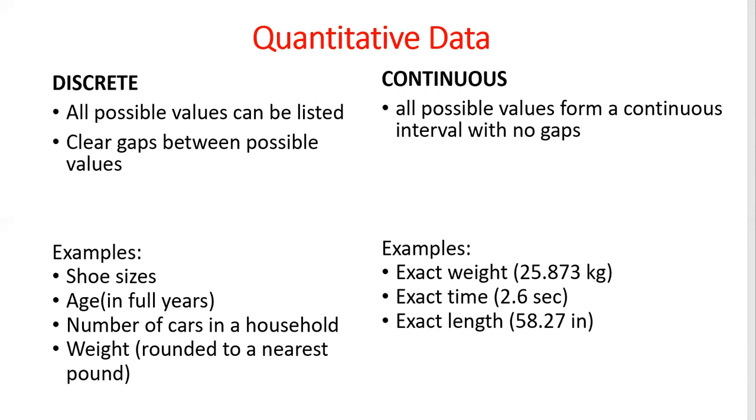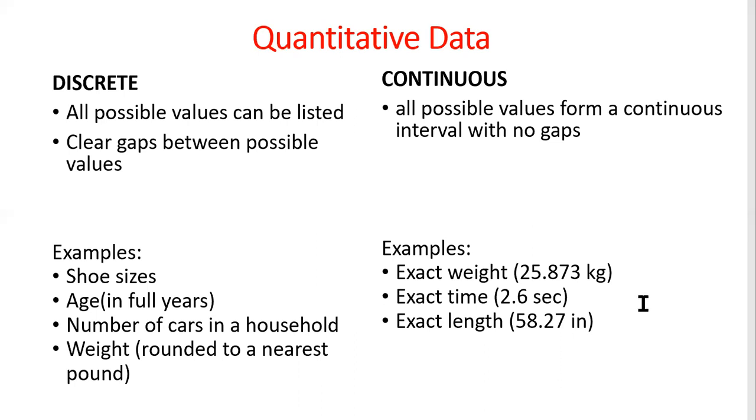For continuous data, all possible values form a continuous interval with no gaps. For example, if we don't round weight and we write down all of the decimals, that's an example of a continuous data set.